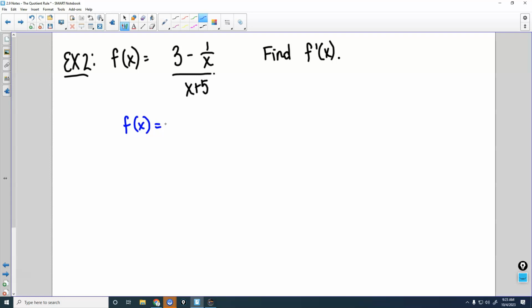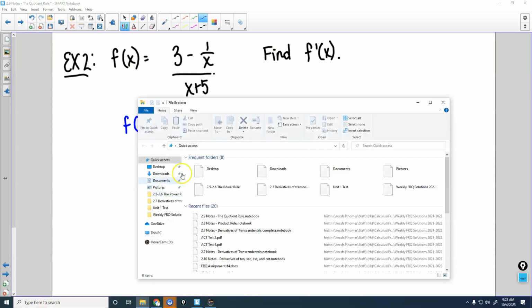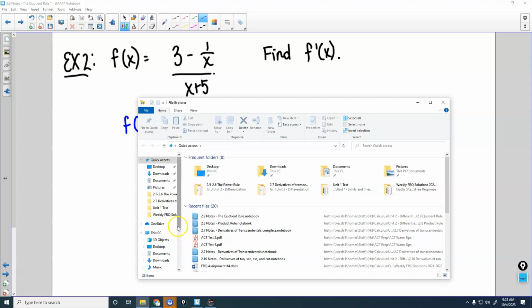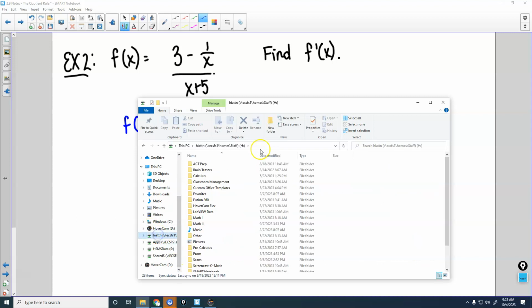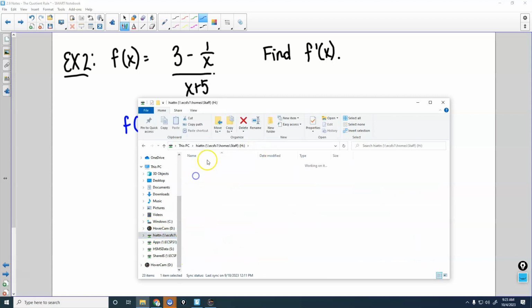Which one? What do I usually do? Let me look at where I've done this before. Either one will work.